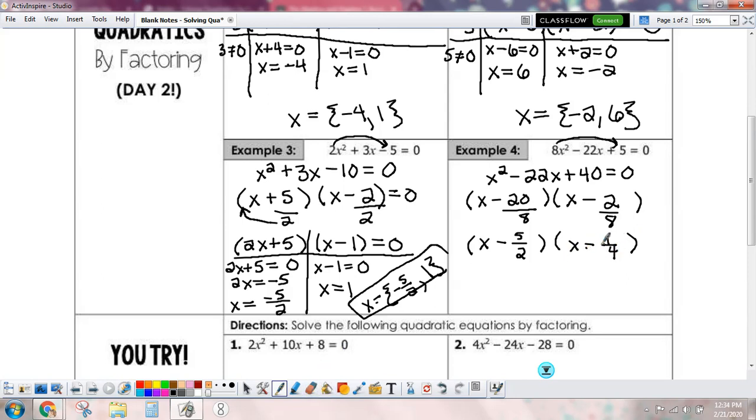Okay, so I'm going to go ahead and slide. So now I should have 2x minus 5 and 4x minus 1 equals 0.